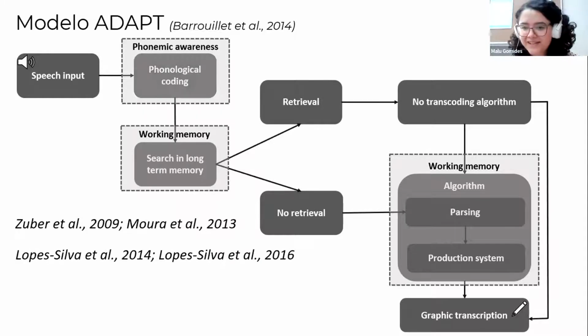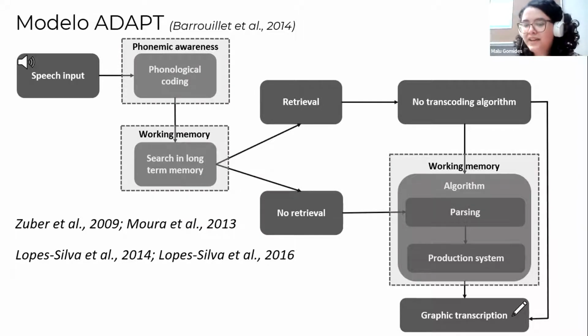However, based on the components of the ADAPT model, we can assume that other cognitive mechanisms would be important for number transcoding as well. For instance, as I mentioned, the model assumes that in this first step, numbers would be phonologically encoded, and the authors argue that the phonological similarity of numbers will be detrimental in this first step.